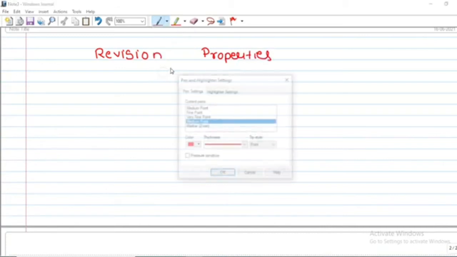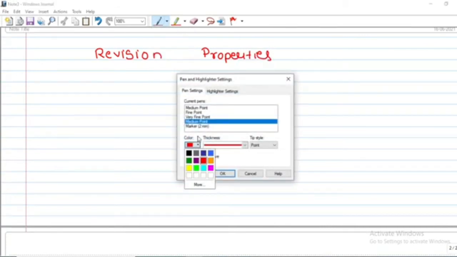Now let's revise what we did in the last session. Revision: properties which we studied in the last session. Let's take a quick preview of the properties and then move ahead.